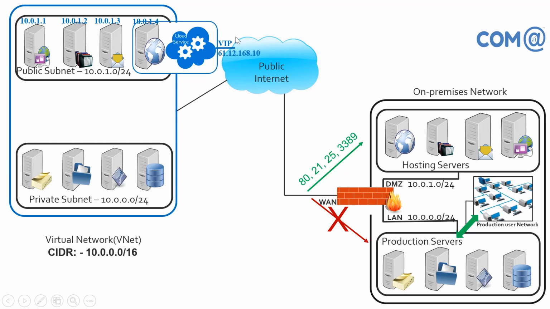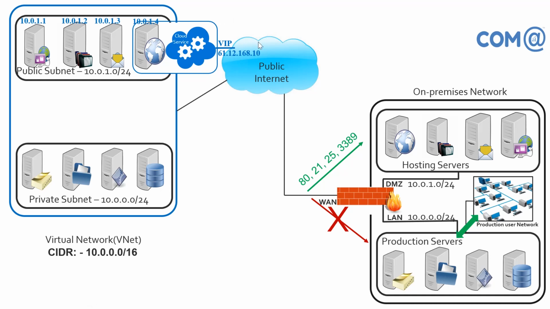This virtual IP address is nothing but a public IP address, and even this public IP address is a dynamic public IP address. Whenever you power off and power on the virtual machine, this IP address will change. So this VIP is nothing but a dynamic public IP address.